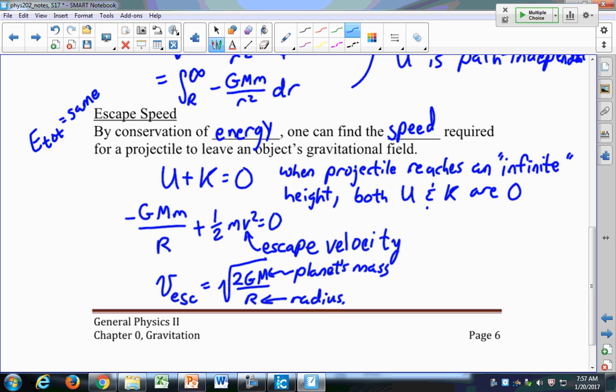And so Newton's universal law of gravitation applies. Or I might say, in your own words, how would you derive the escape speed? And you would say, well, it's where the total energy of the object goes to 0, and I set my gravitational potential energy equal to my kinetic energy. So be prepared for that, more of that to come.